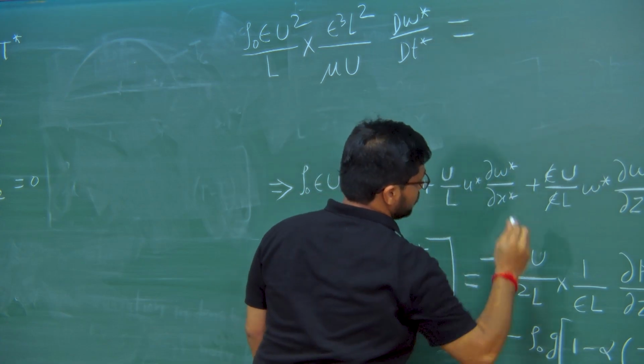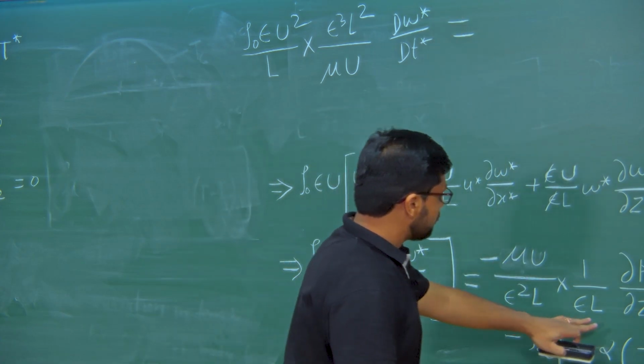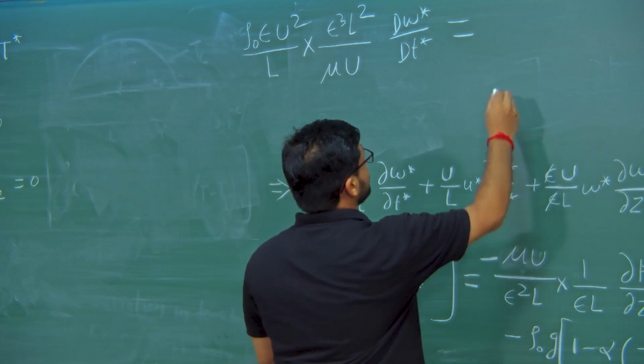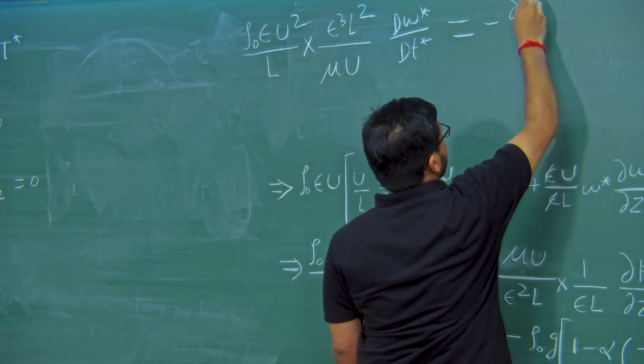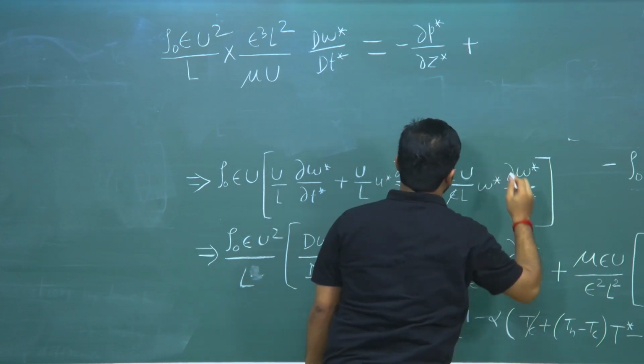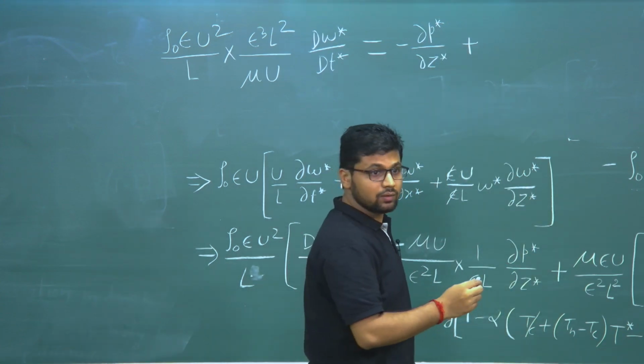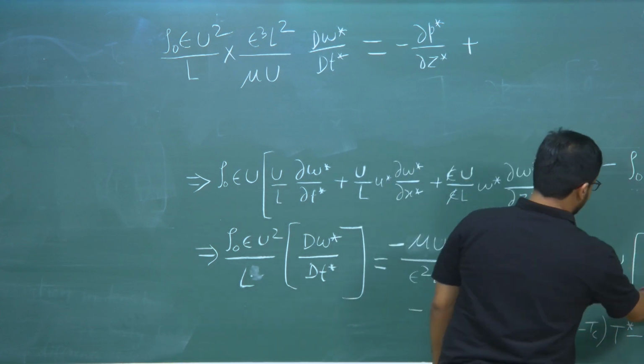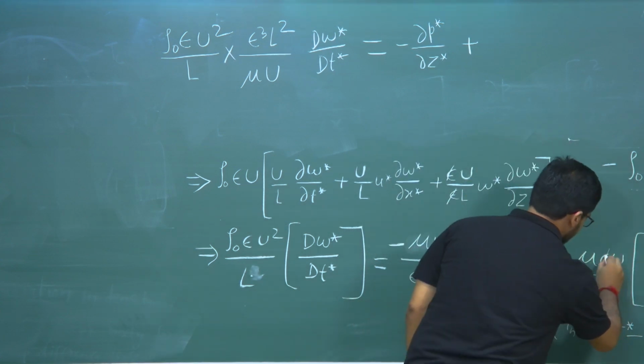This will be equal to, now the coefficient of the pressure gradient will become 1. So, it will become minus dou P star upon dou Z star plus, am I missing anything, plus, here epsilon will cancel out.